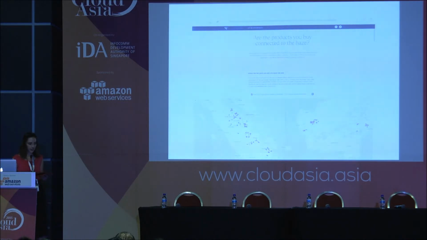The next page is our most recent one. It's a direct result of NTUC FairPrice pulling the Asia Pulp and Paper Group products off their shelves. Asia Pulp and Paper Group are the largest pulp and paper company in Indonesia.